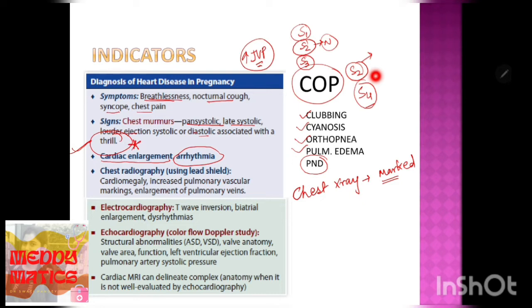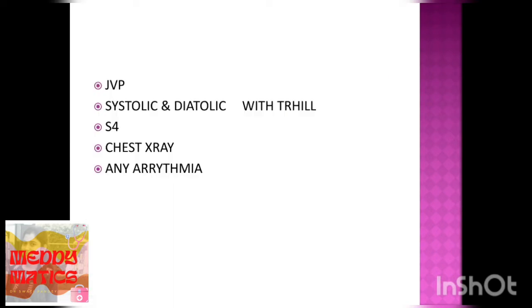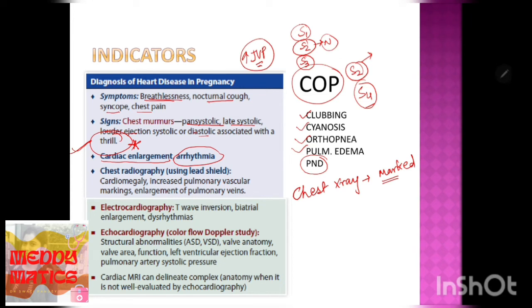Normally the diastolic murmur is transient in nature, but in heart disease it may be a permanent thing. Any arrhythmias may occur.